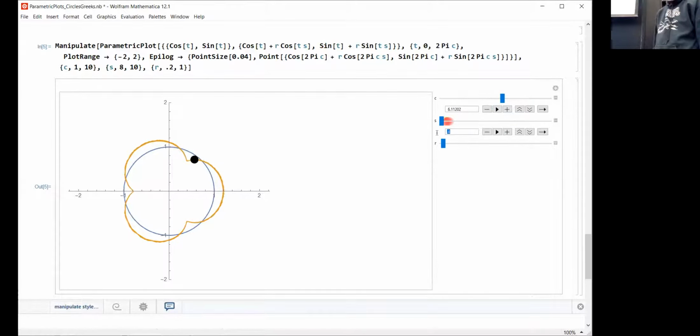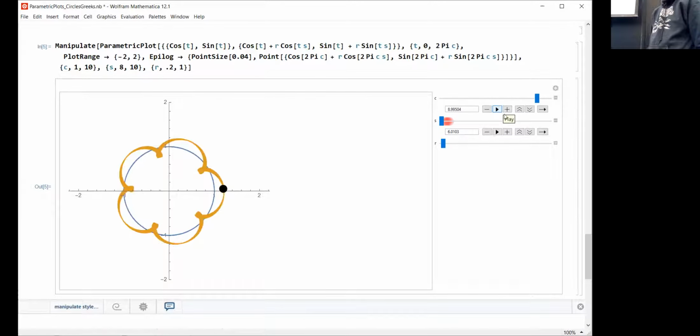If I tried maybe 6, another integer, again, I get a very nice curve. If I tried 6.0103, a little bit off, you can see that it's not quite coming on itself as quickly. It might take more iterations before it aligns.